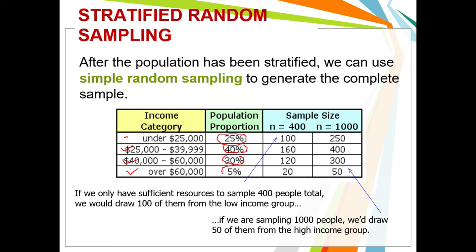So, for each group, merong mga percentage, ira-randomize sila para mapili yung mga final sampling elements natin. After the population has been stratified, we can use the simple random sampling to generate the complete sample. So, yun yung stratified sampling. We group that, randomize the group, select randomly sa groups, and then divide that further into groups pa.